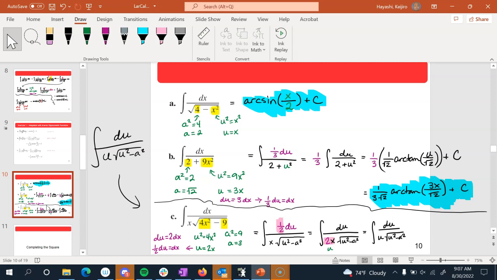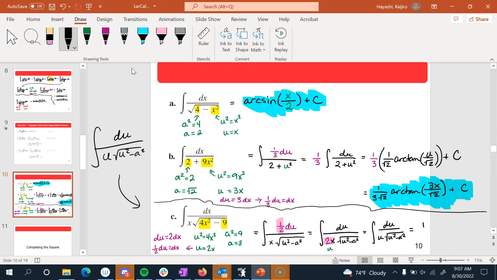So despite looking a little bit weird at first, it turns out to be exactly the integral that you learn the formula of. Okay, so this is 1/a times the arcsecant of the absolute value of u over a.